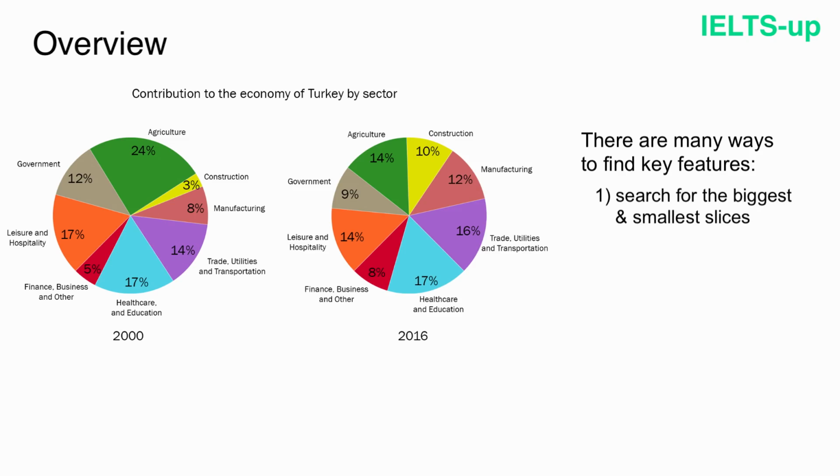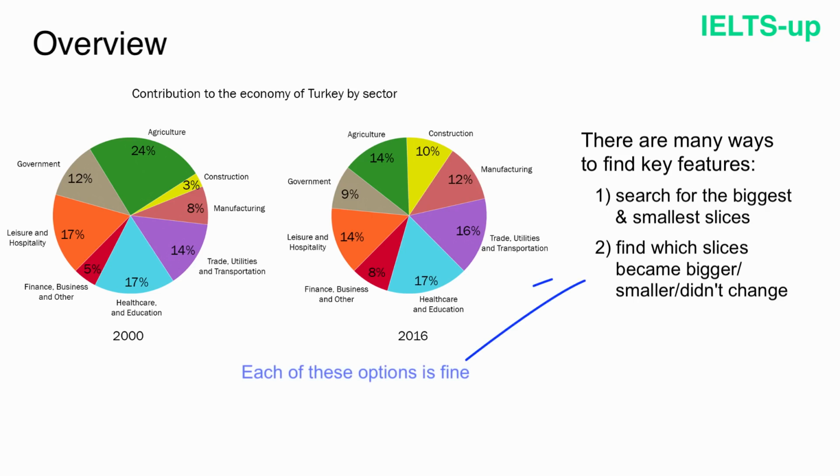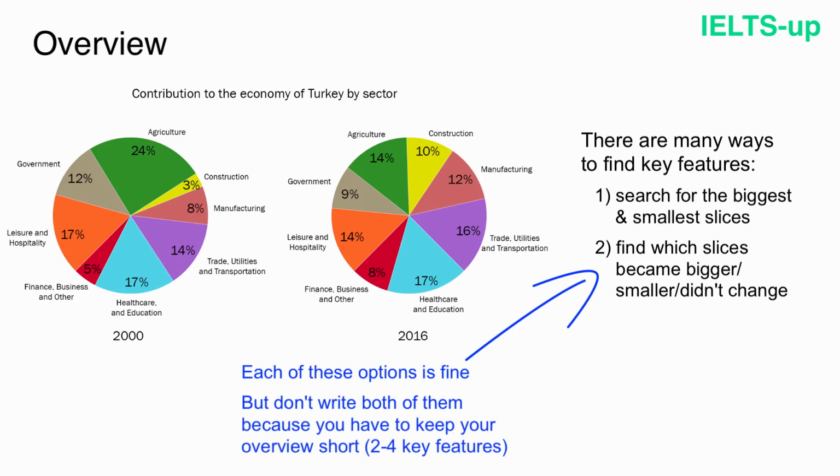First of all, we could search for the biggest and smallest slices of each pie chart. And secondly, we can find which slices became bigger and smaller or did not change. Each of these options is fine, but do not write both of them, because you have to keep your overview short. So I've decided to focus on the first option.